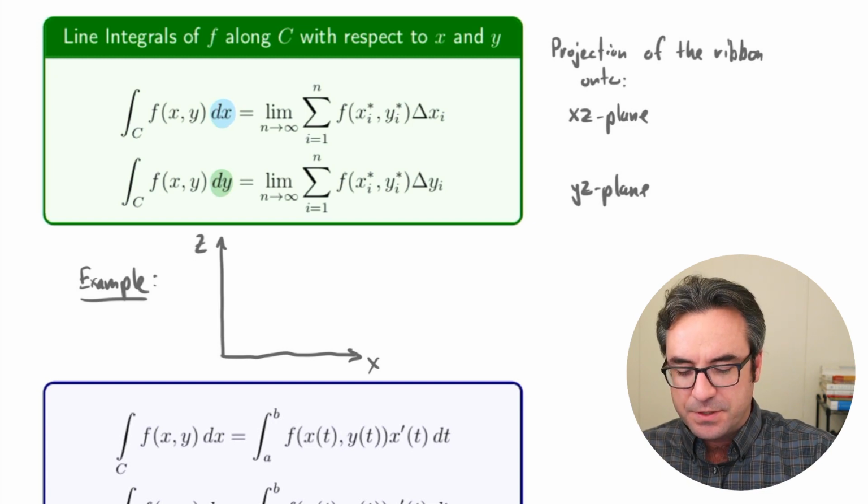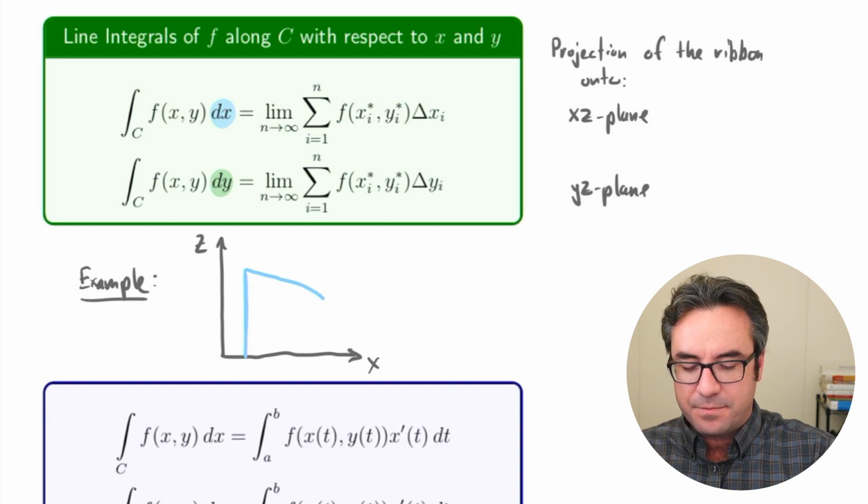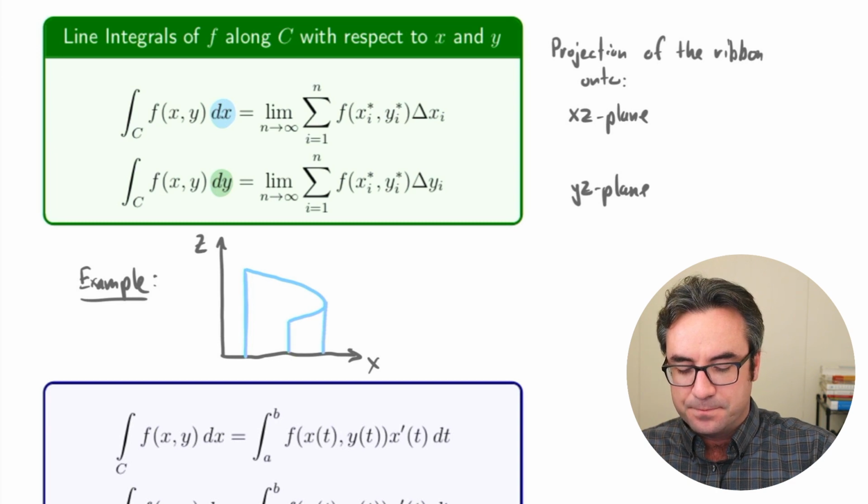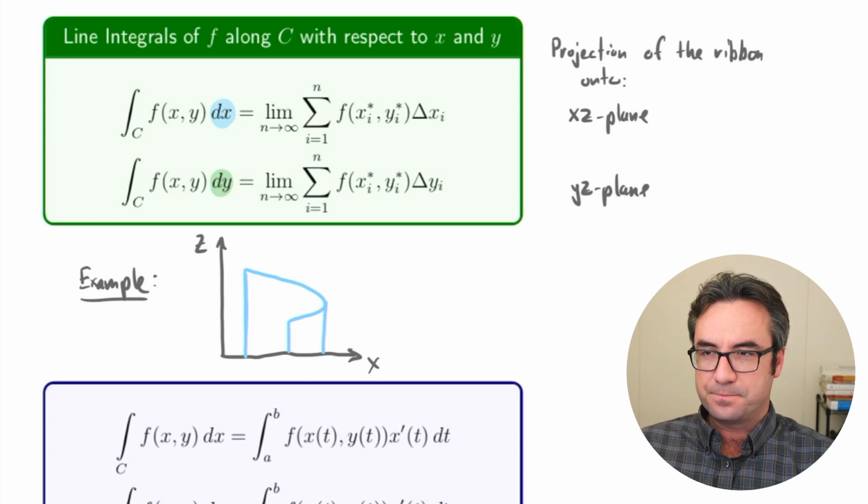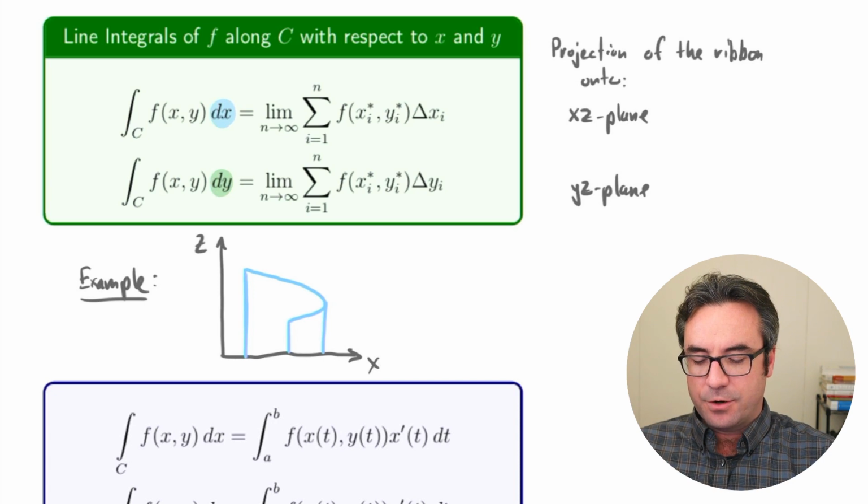So let's suppose that we get something like this. We have the start right here, and then our ribbon, when we squish it down, we get one fold. So our curve C, the original curve, is sitting on the xy plane here. And what we're looking at is the ribbon that sits above it.